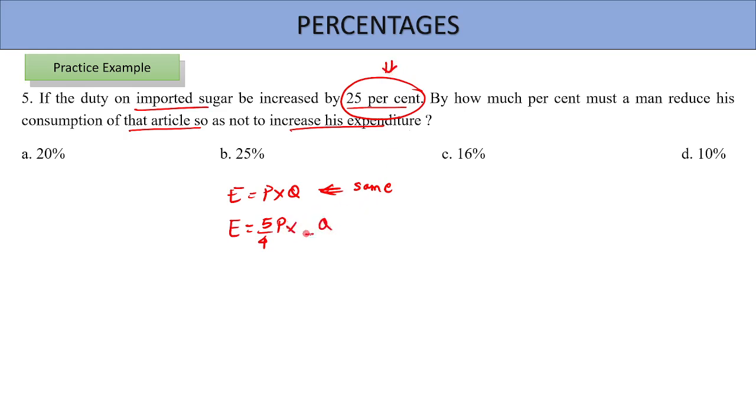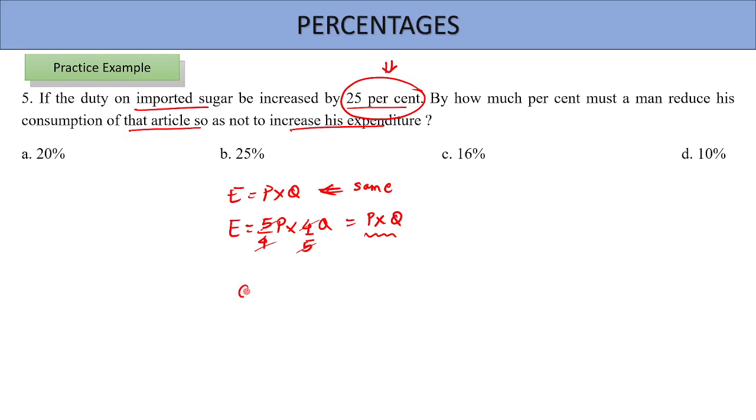And they are telling that I should get the same expenditure, which is P into Q. Now, to get the same expenditure, with what value should I multiply Q so that I get the same expenditure, that is P into Q? I will have to multiply it with 4 by 5 so that this value will get cancelled out.